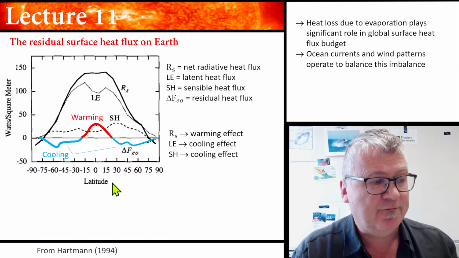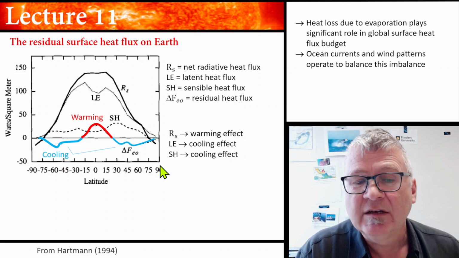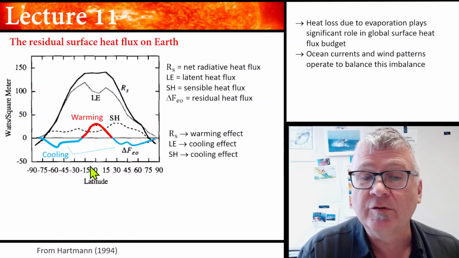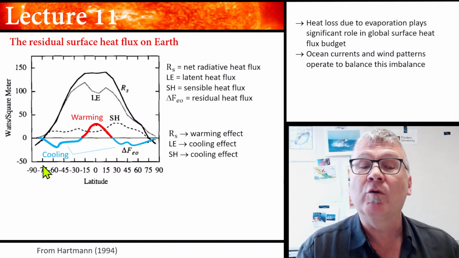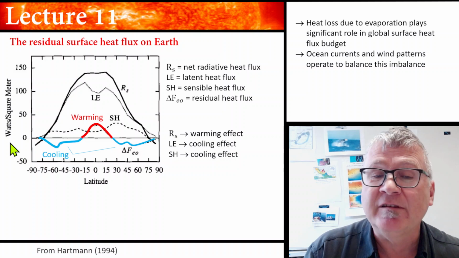So in this graph, you have an x-axis which goes from -90 to +90, from the South Pole to the North Pole. And then is shown the distribution in watts per square meter of these terms.